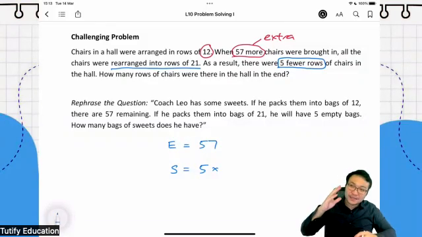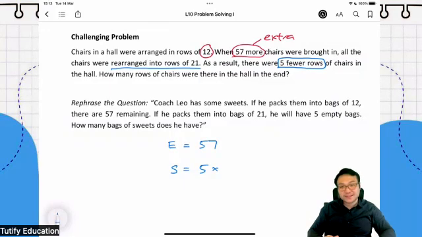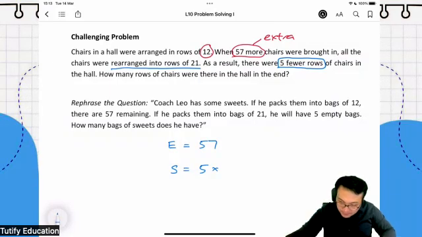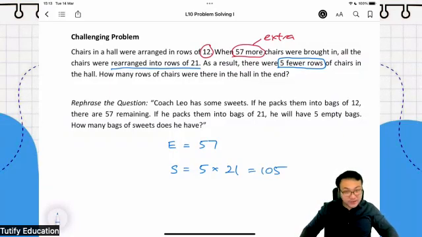How many chairs are you short of? 5 times what? 5 times 21. You are absolutely correct. 105. Yes, you are short of 105 chairs.